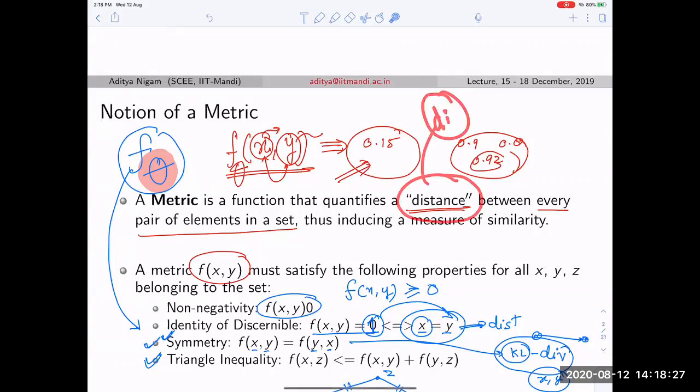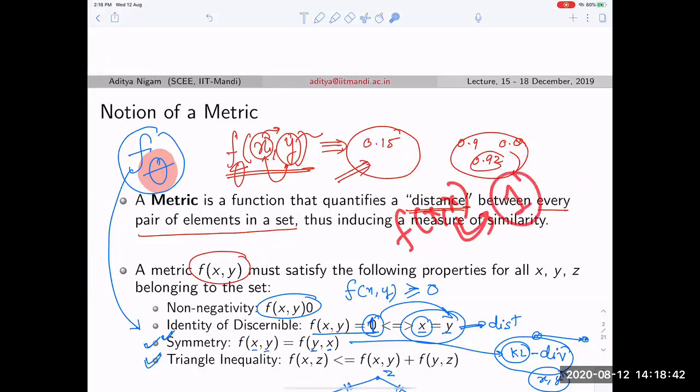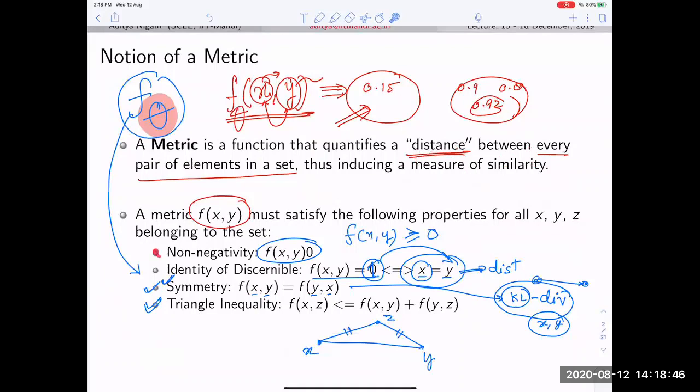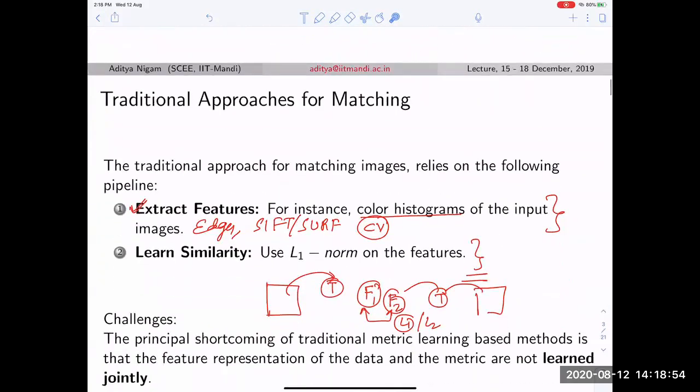If it's a dissimilarity measure, then f(x, x) should be equal to 0, and if it's a similarity, then f(x, x) has to be as high as possible, maybe normalized between 0 and 1. Then there are non-negativity, identity, symmetry, and the triangle inequality. These are the four things any metric has to have. We need to learn such a metric.